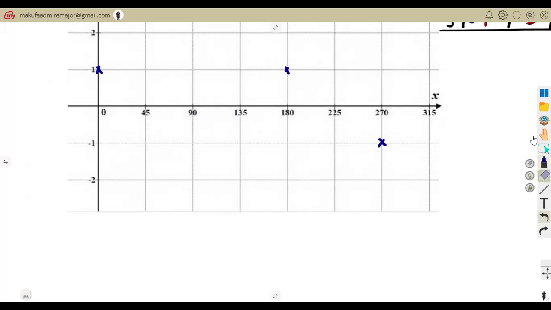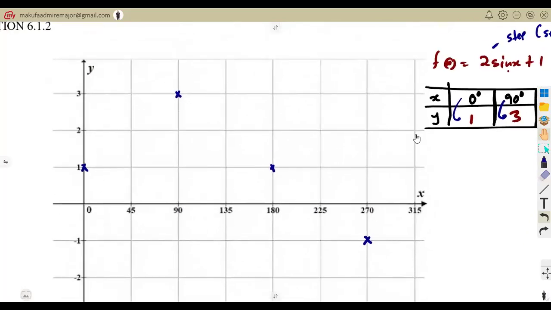So this is it, guys. You have ended. These are the points that you have. You do understand the shape of a graph of a sine was supposed to be like this. So you maintain the same shape, but using this. So from this point it's going to get to that point here going down.